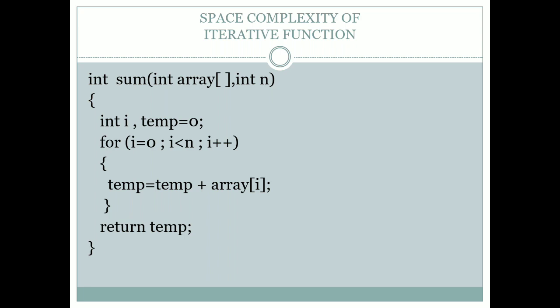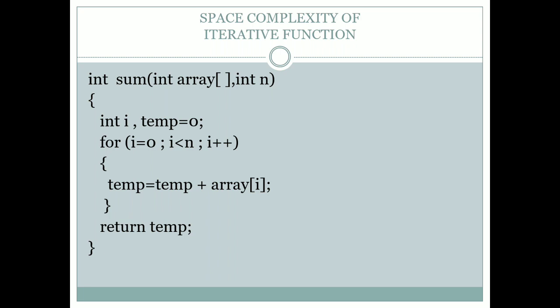For calculating a variable part, let's take another example. In this example, we have a function sum and we are passing two parameters. First one is an array and second one is the variable n. In this function, we have a for loop.